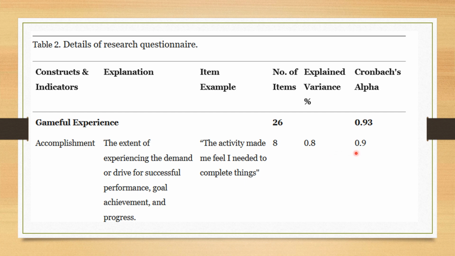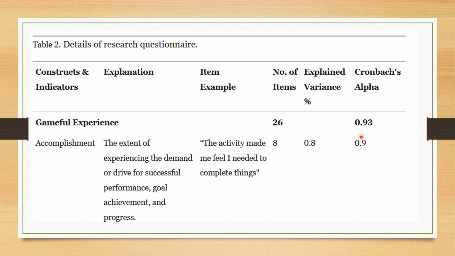So we want to look at both, depending on what this table gives us, we want to see what's happening in these subcategories. So the Cronbach's alpha for the accomplishment subcomponent is 0.9. That means, you know, if people are rating these questions pretty high, generally they're rating all of the questions high. They're not rating them variably.